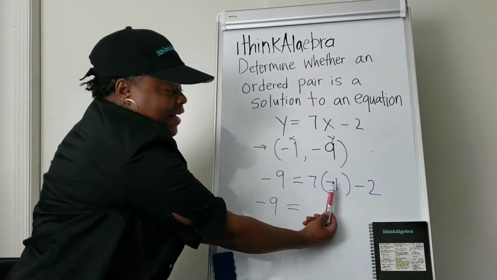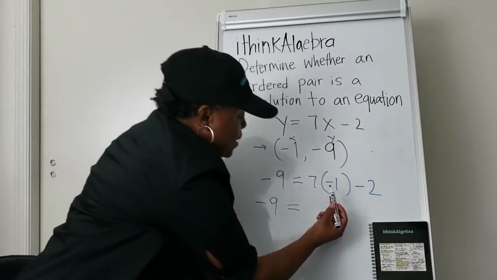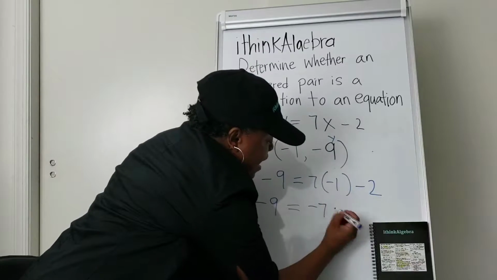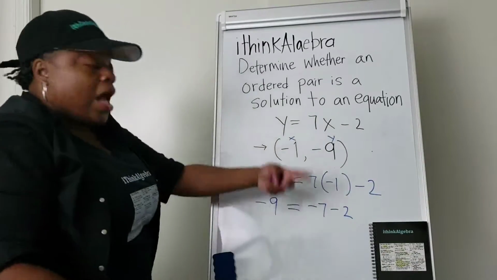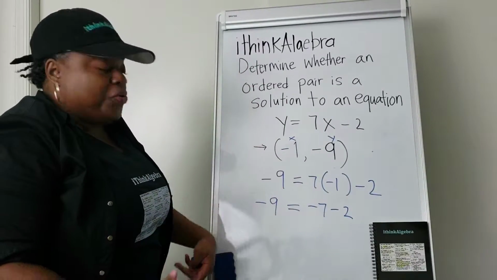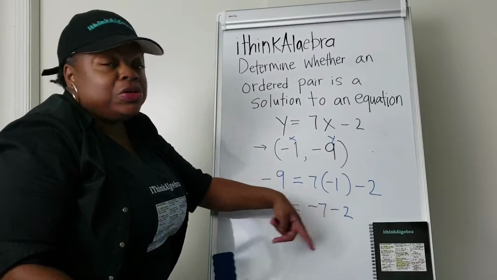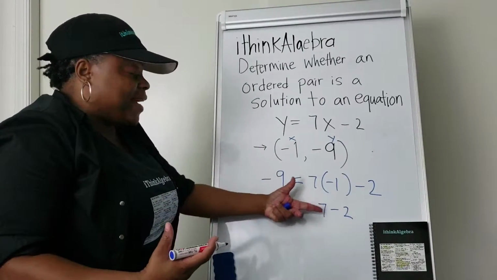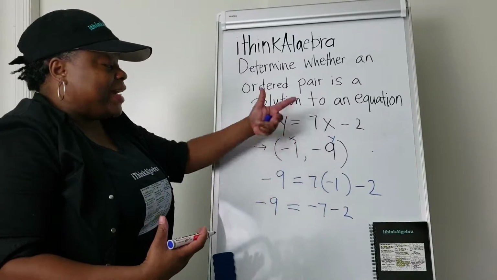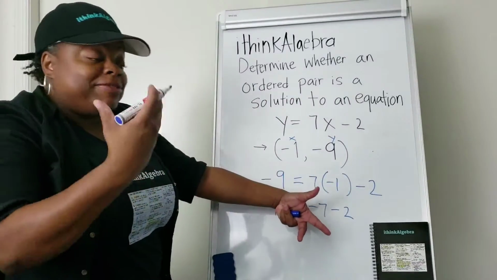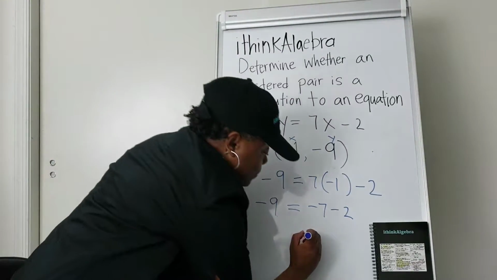So now I have -1 times the 7. So that becomes -7, and I have a -2. Most of the time you read it as -7 minus 2, but it's actually saying a -7 and a -2. So when I have a -7 and a -2, I get a -9.